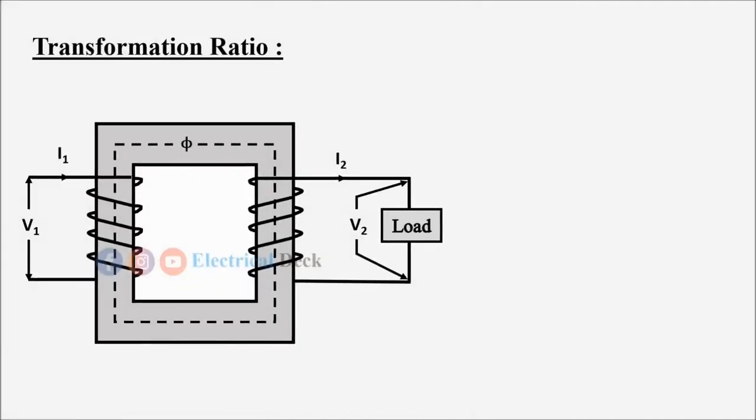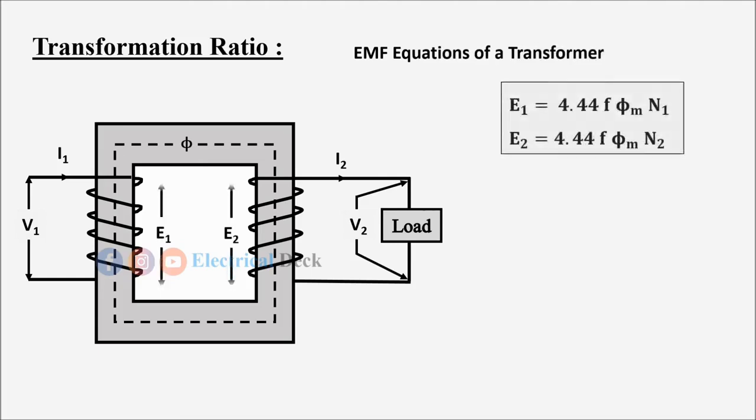Let us check out the voltage transformation ratio of a transformer. We have derived the equations for EMF E1 and E2 induced in the primary and secondary winding. Now, by taking the ratio of two equations, we get voltage transformation ratio of a transformer.